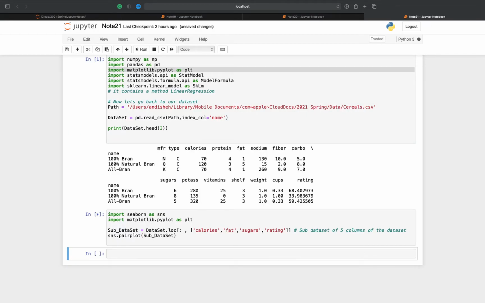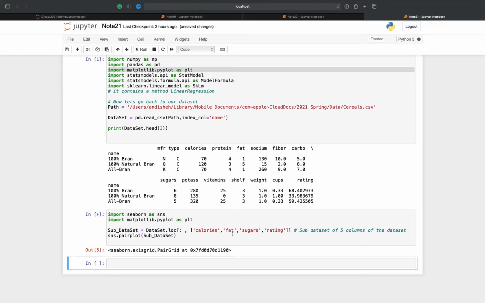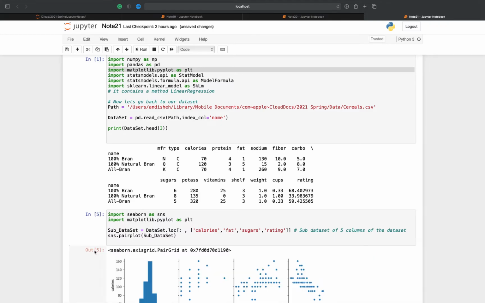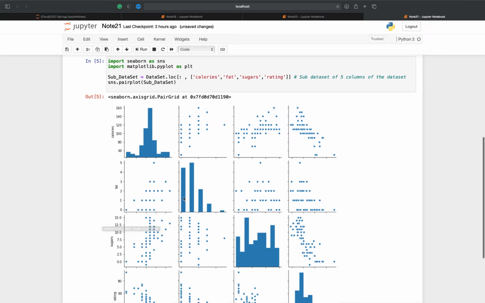See what happens. So where's fat? Fat is kind of showing, because the data seems categorical and rating, that's why we see this kind of pattern.